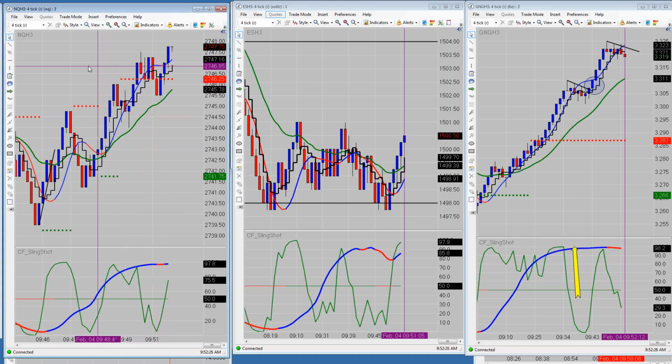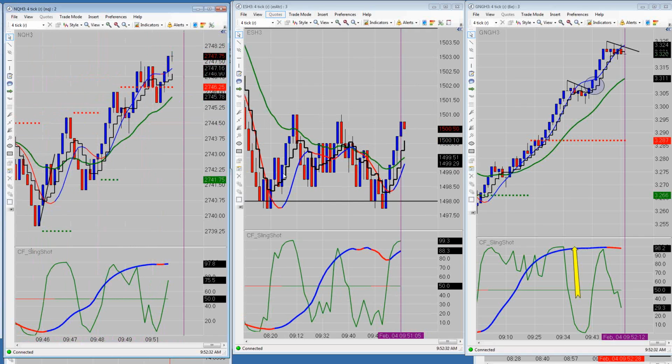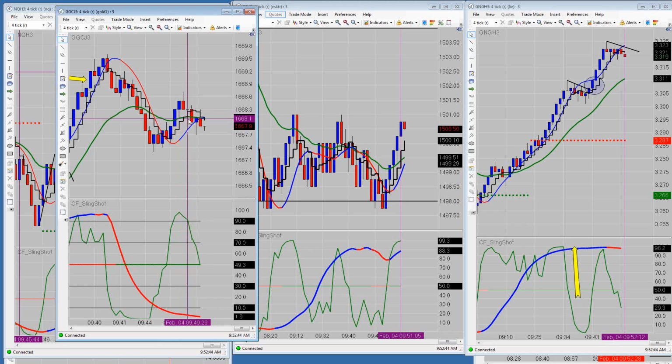Okay, so we had some questions on that Friday. What's the black line rule again? Well, I'm actually recording it. I recorded it a minute ago. The black line rule is actually, and that was a great example of it on the gold just a second ago. When the black line is above the green and the MA1 is below the green, there's no trade. Or when the green line is in between the black and the MA1, whether it's above or below, there's no trade.